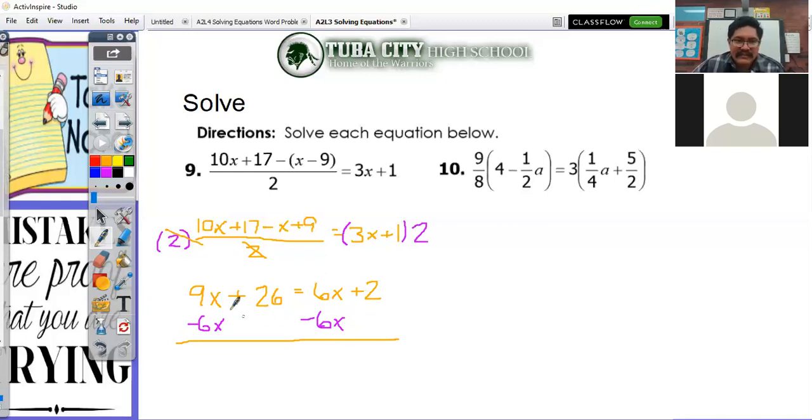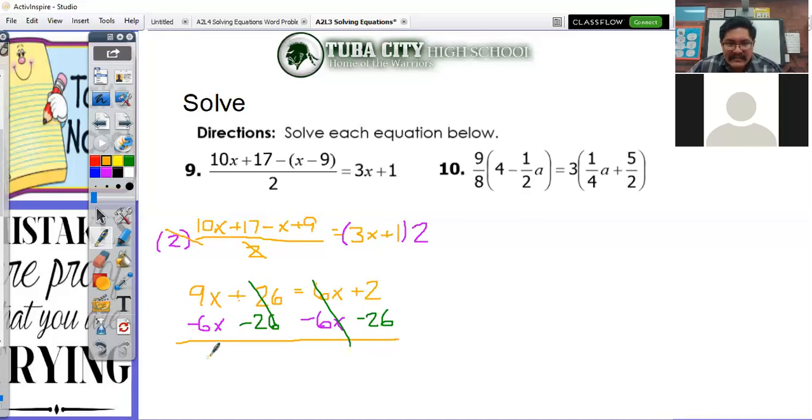But space is precious here, especially if you're watching it on a small screen. So I'm going to add minus 26 to both sides, like that. And that should cause this to cancel and this to cancel. So again, there's a bit of a trade. They're both giving each other what they want.